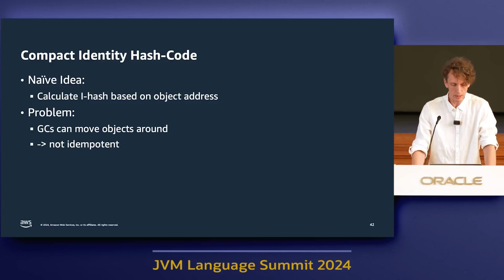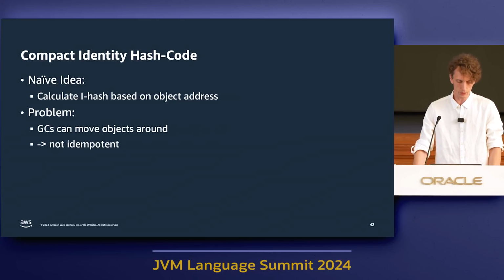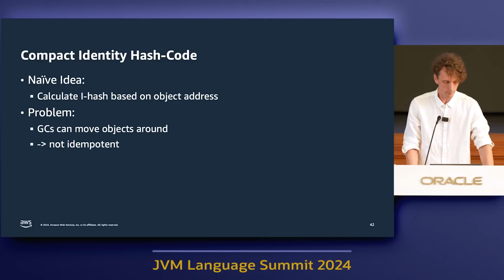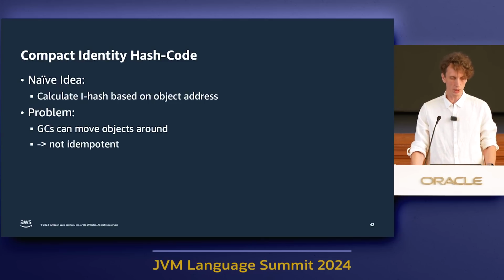So we have a naive idea here. This is basically what I showed in my little demo at the beginning. We could take the address of an object, calculate a good hash code out of it and return that. The problem is that the GCs can move objects around, so the address changes over time. This violates one of the contracts, that the identity hash code must remain the same throughout the lifetime.